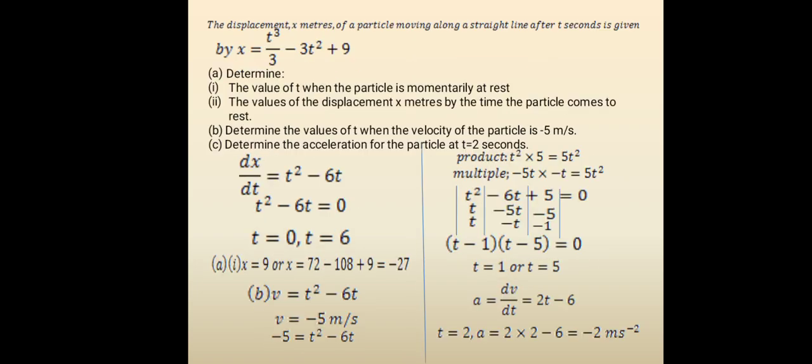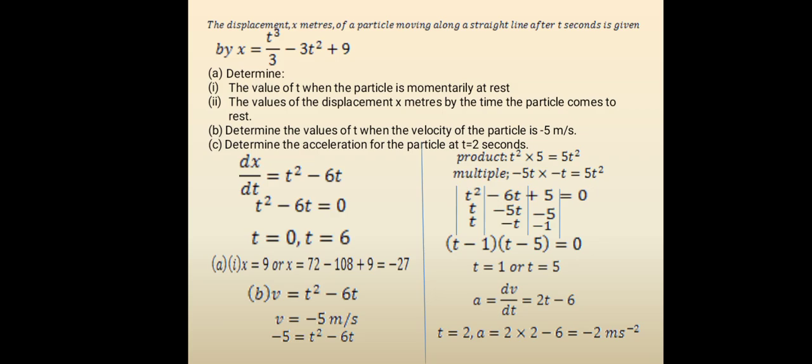The displacement x meters of a particle moving along a straight line after t seconds is given by x equals t cubed over 3 minus 3t squared plus 9. A. Determine 1. The value of t when the particle is momentarily at rest. 2.